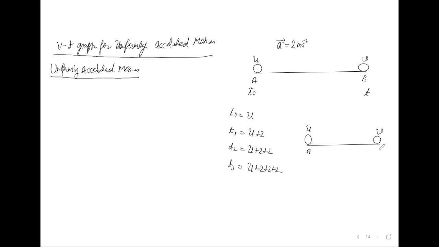This is initial position, final position, and this is t0, time initial, but the acceleration is not constant, as it was constant in this case, having a fixed value of 2 meter per second square. So that is called constant or uniform acceleration.